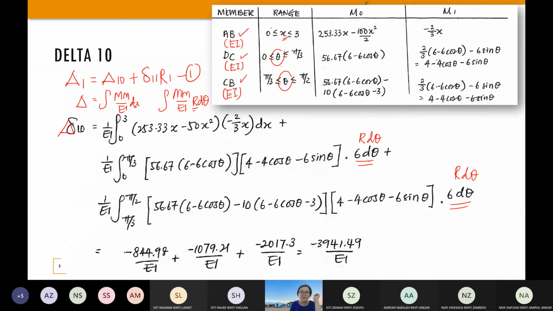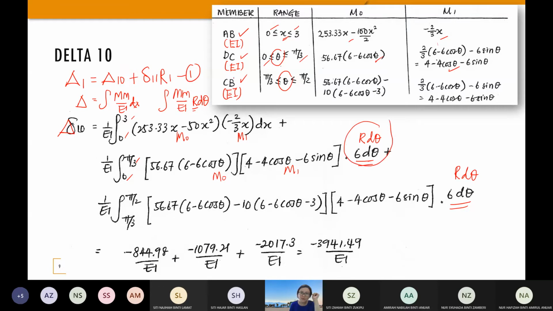For AB, the range is 0 to 3, and we have M0 here and M1. Then we move to DC, with range 0 to π over 3. This is M0 and this is M1, and don't forget about this R dθ.